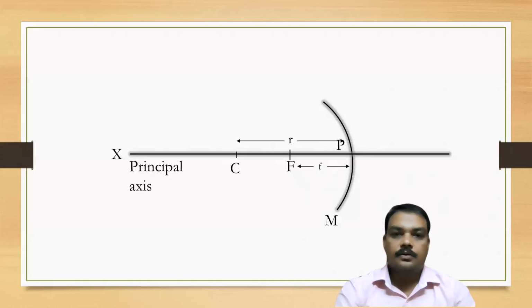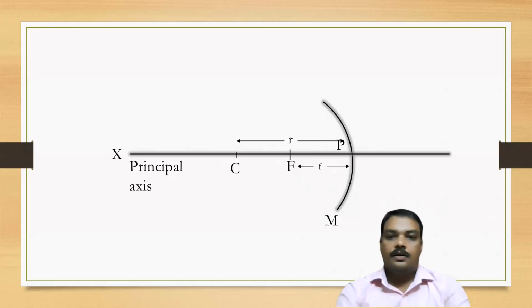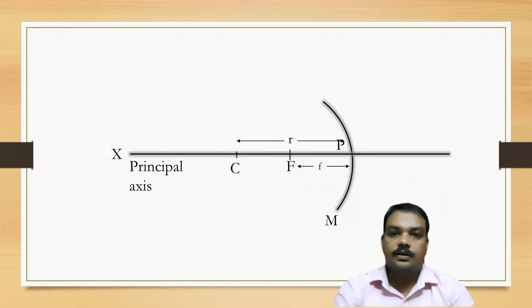Let's go to the proof of this formula in the case of a concave mirror. Consider a concave mirror. P is the pole, C is its center of curvature, F is its principal focus, and XCFP is the line that is known as the principal axis of the concave mirror.